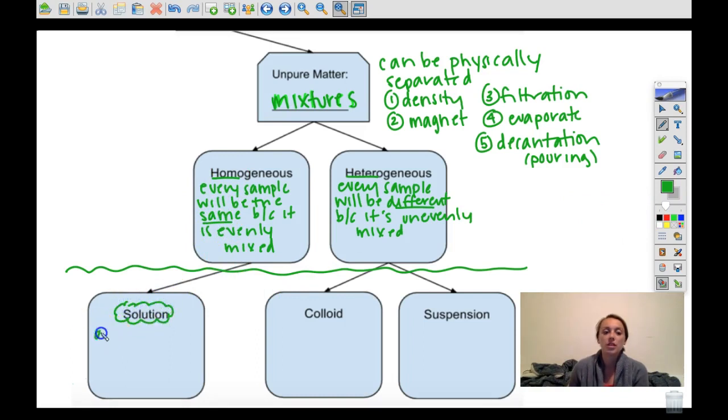And a solution is a clear mixture that's not necessarily colorless. So clear and colorless do not mean the same thing. So when we say clear, what we mean is that light will pass through.